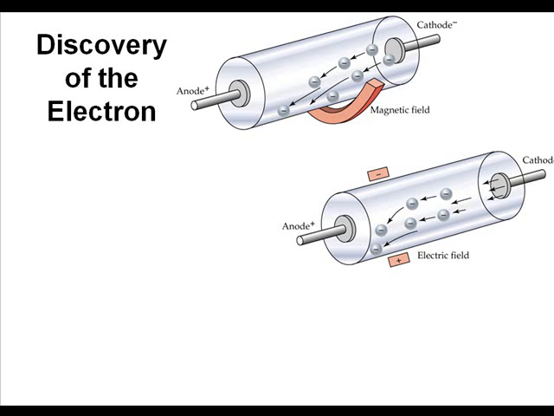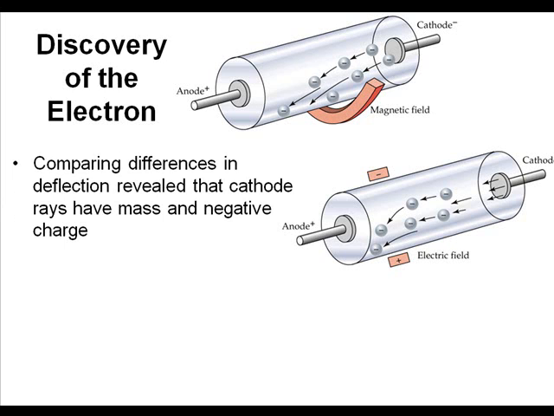If you put it in an electric field where you put two poles, you would see that the electrons bent to the positive side of the electric field and away from the negative. Both of these are evidences that this particle called an electron had a negative charge. So he was actually able to indicate that it was negative.